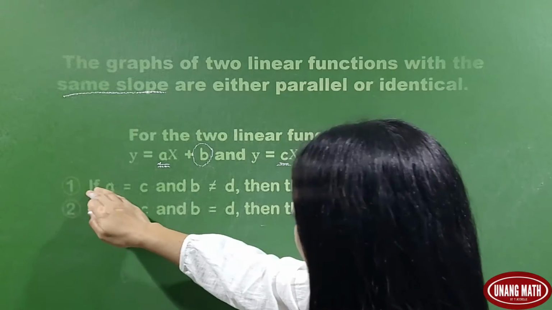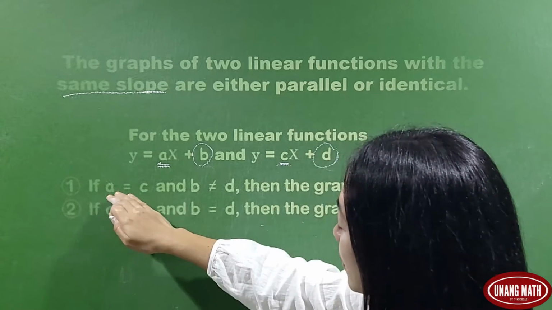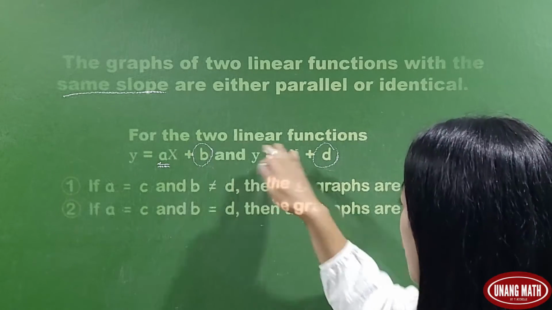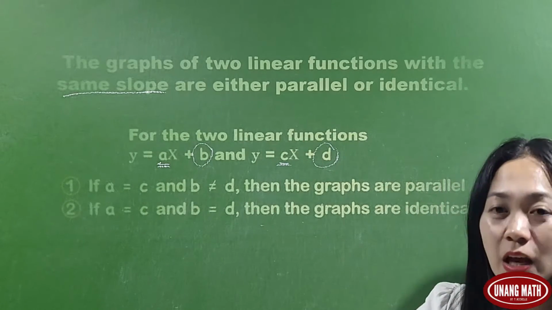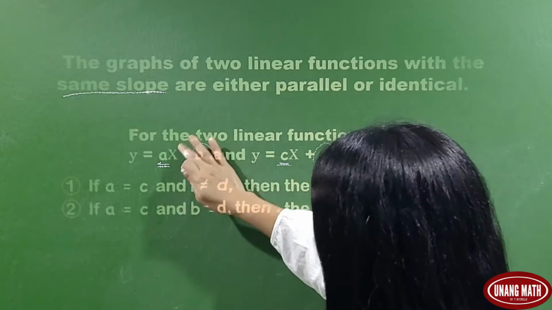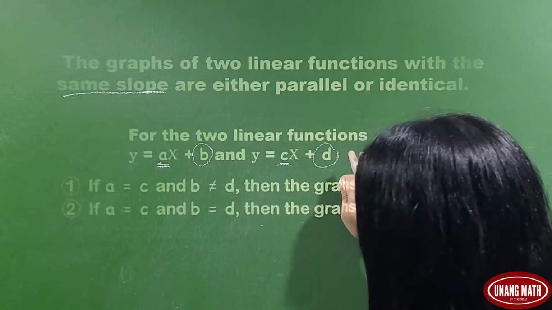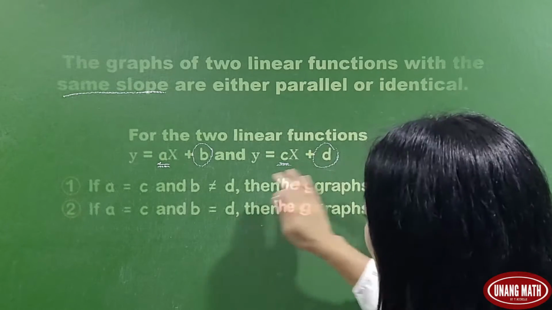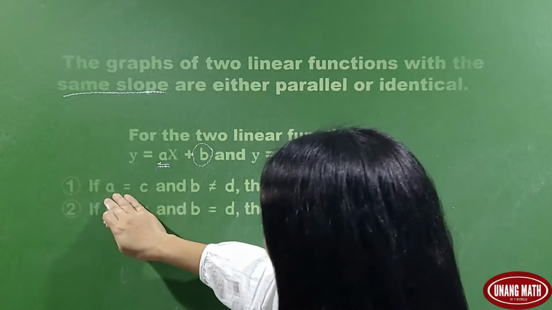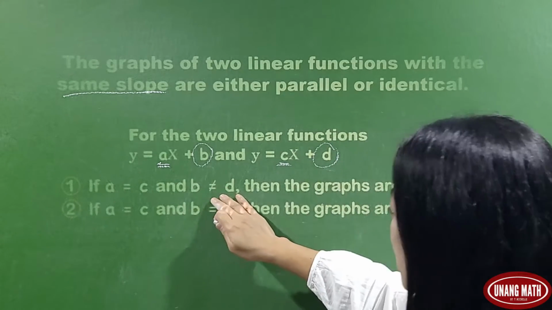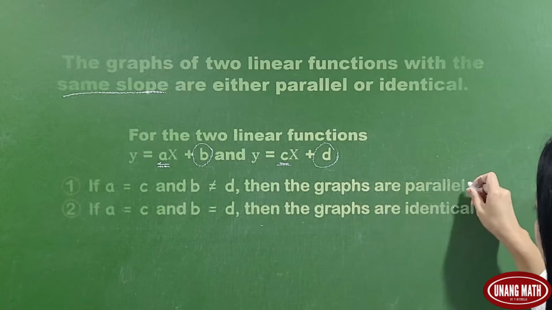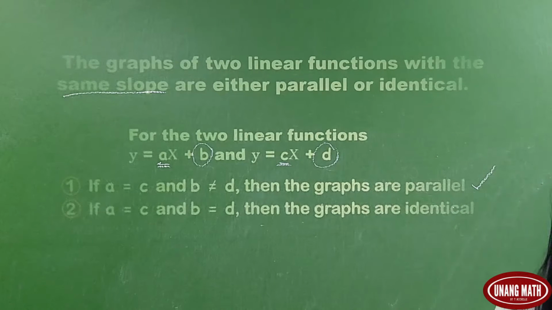According to this first statement, if a is equal to c, which means the slopes of those two linear functions are equal, and b is not equal to d, which means the y-intercepts are not equal, so slopes are equal, y-intercepts are not equal, then the graphs of those two linear functions are parallel.